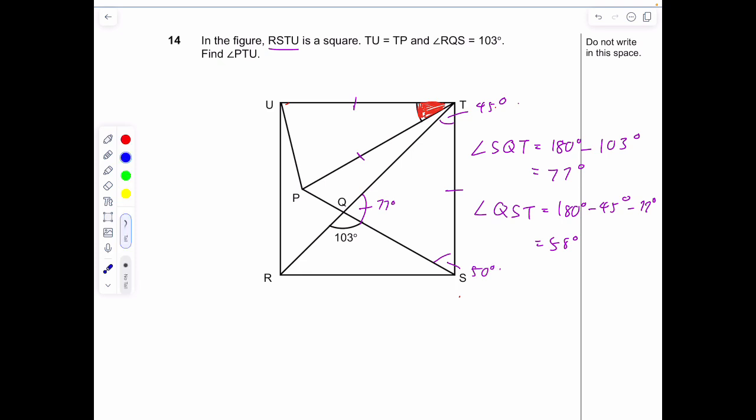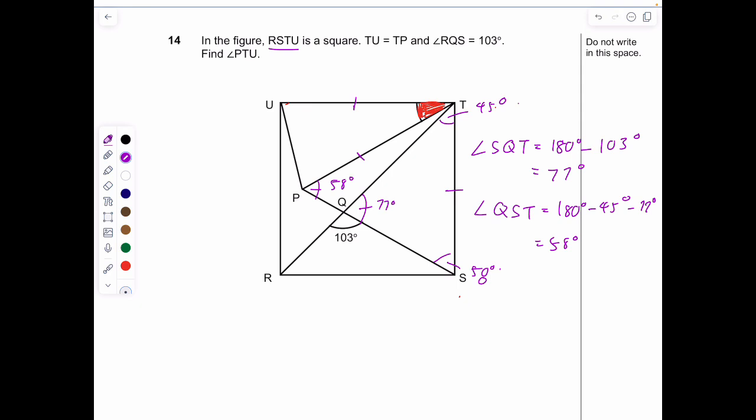So now that we know that this angle is 58 degrees, okay, let me go ahead and correct that. Because this and this angles are isosceles, this is an isosceles triangle, we also know that this particular angle here is also 58 degrees.